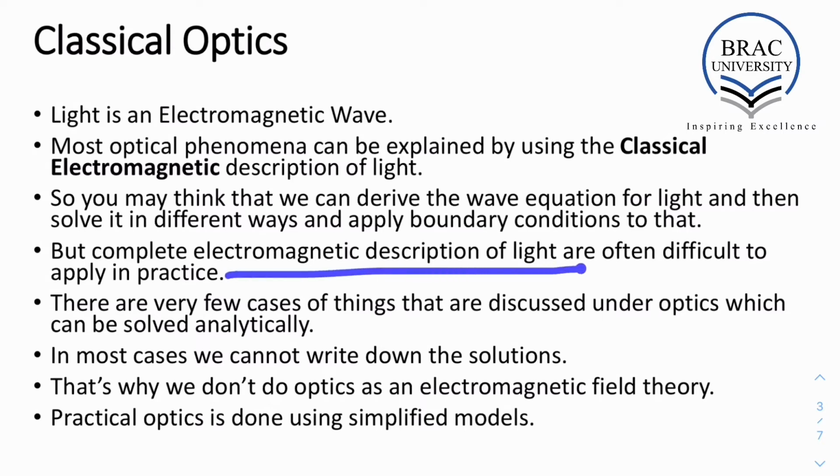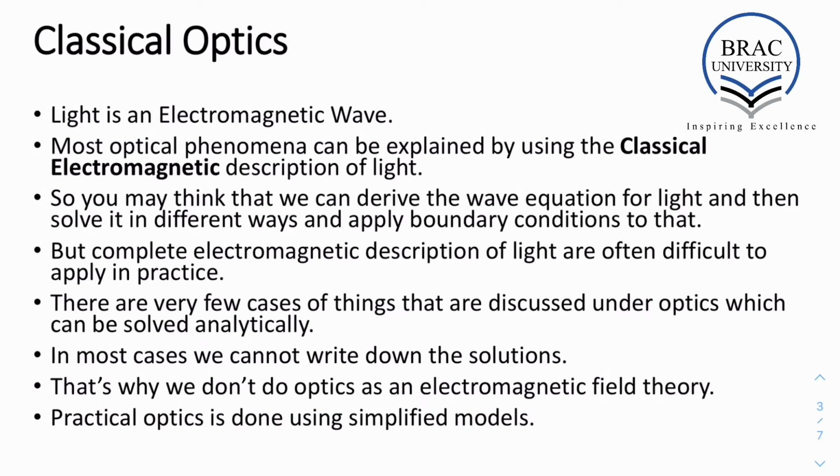But it's easier said than done. It's very difficult to apply this process in practice. There are only a very limited number of cases where we can solve the wave equation analytically. In the majority of cases, we can't even write down the solutions. So this is what prevents us from doing optics as an electromagnetic field theory.